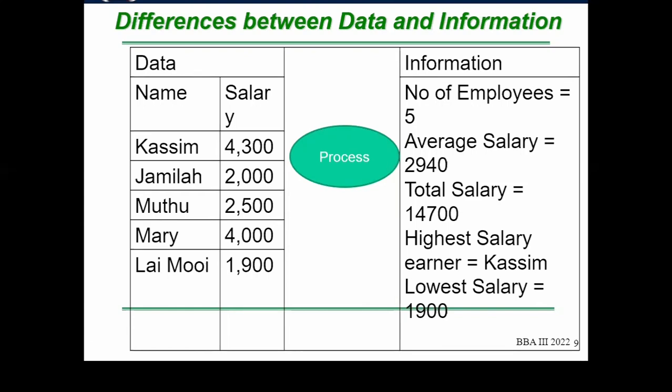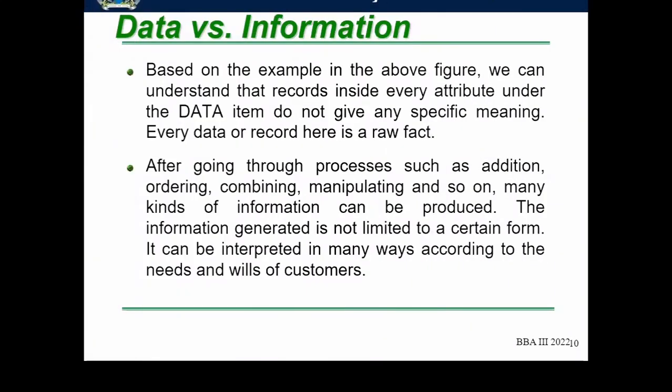The average salary is 2,940. The total salary for all of them is 14,700. Who earns the highest salary? Kasim. The lowest salary is 1,900 earned by Lamoy. So that is just briefly how we can obtain various meanings out of the data to help us take decisions as managers in an organization.